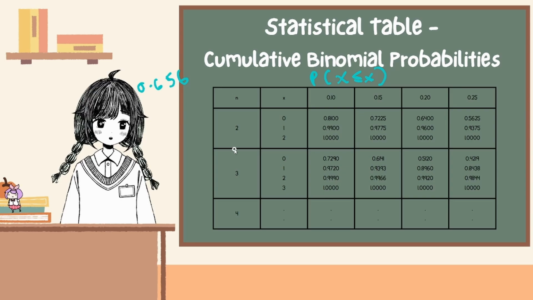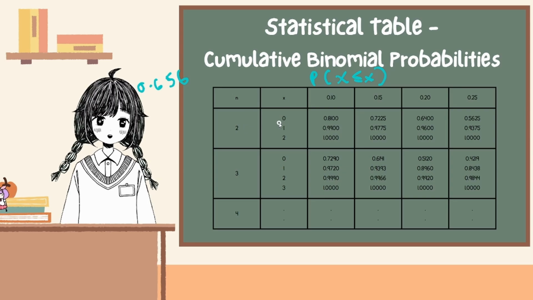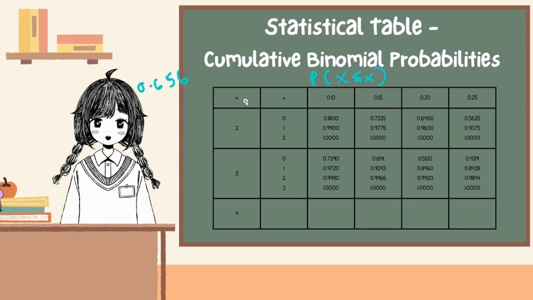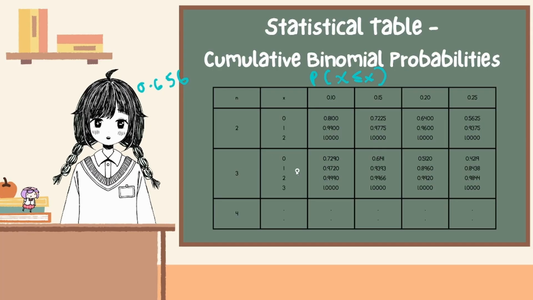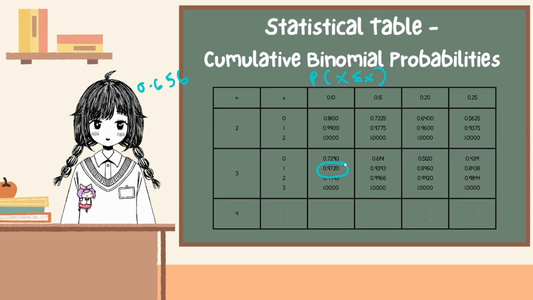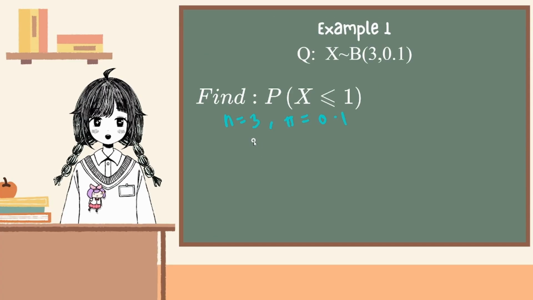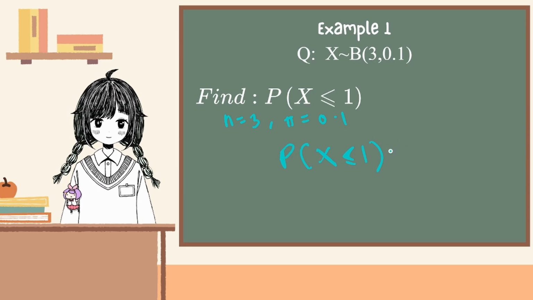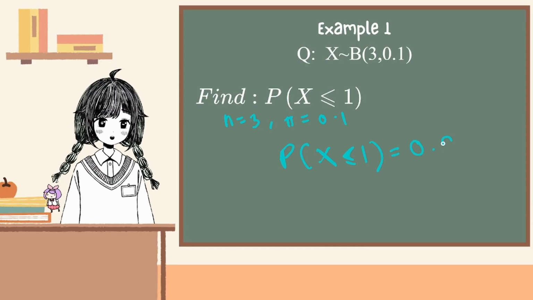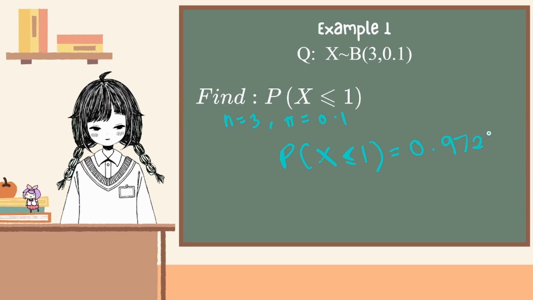Since the question asks for X less than or equal to 1, with n is 3 and the pi given is 0.1, so 3, 0.1, and it says less than or equal to 1, which is here, so this will be our answer, 0.9720.